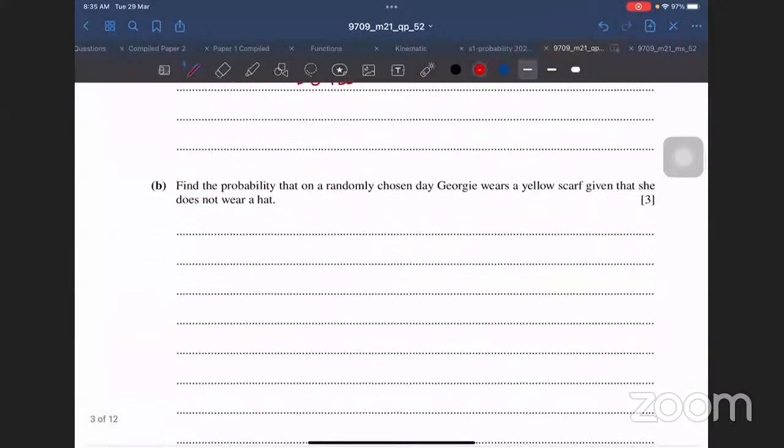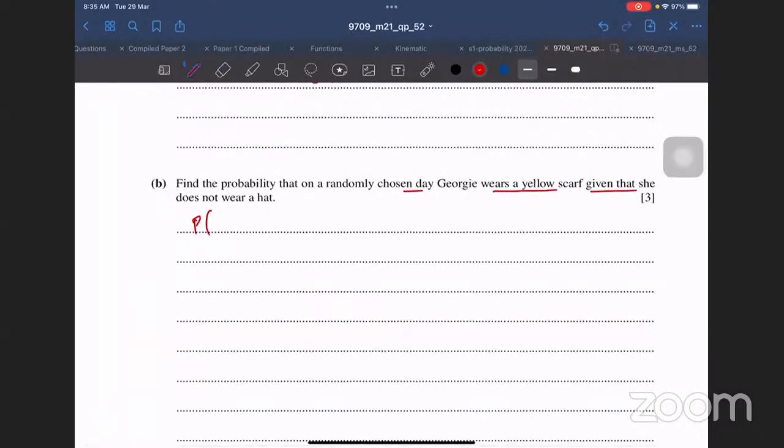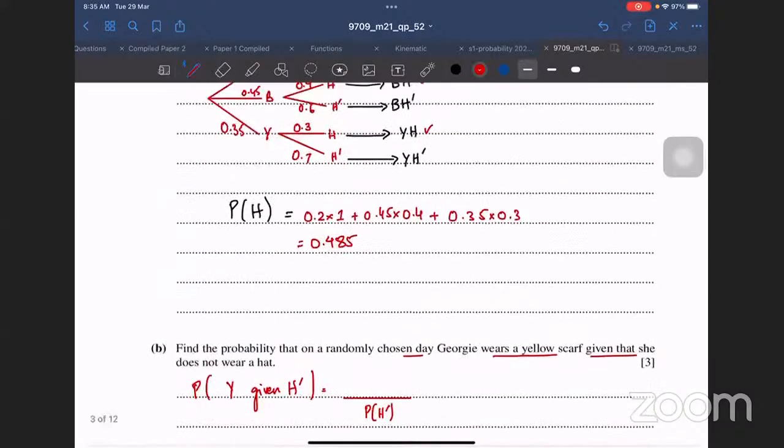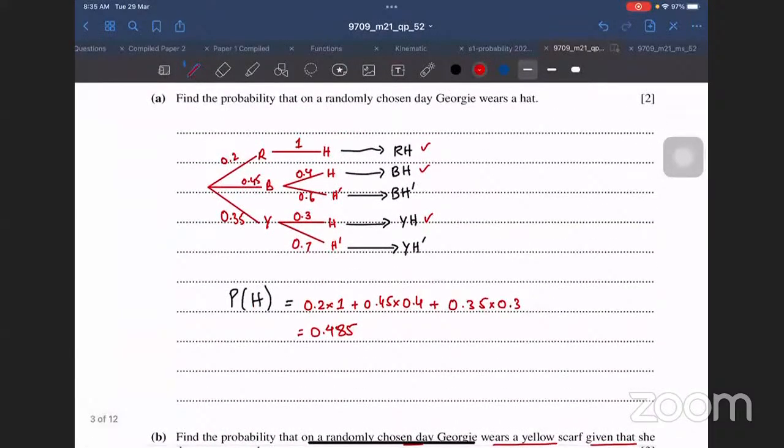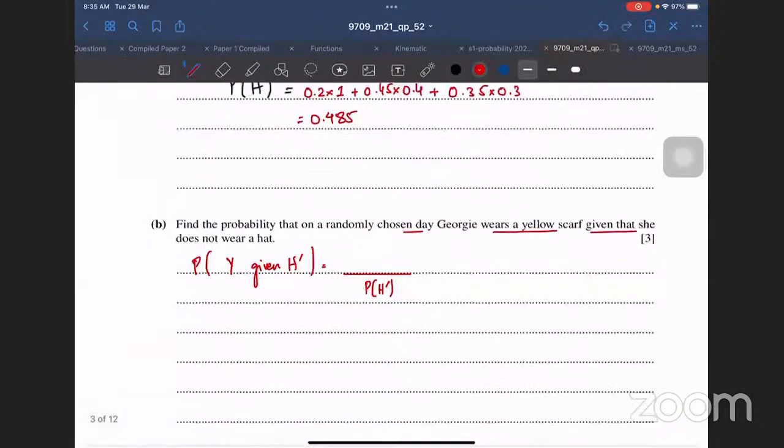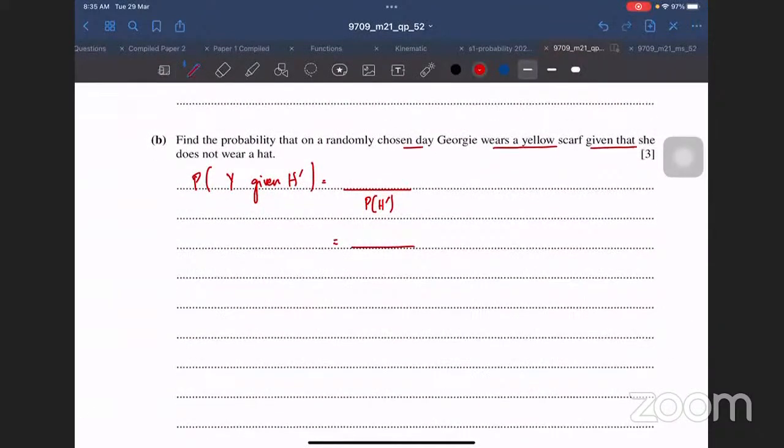So it says find the probability that on a randomly chosen day, Georgie wears a yellow scarf, given that she does not wear a hat. What I'm trying to calculate is a conditional probability: yellow scarf given H naught. So the denominator will have the probability of H naught. Now, H naught can simply be calculated by subtracting H from 1. So the denominator becomes 1 minus 0.485.